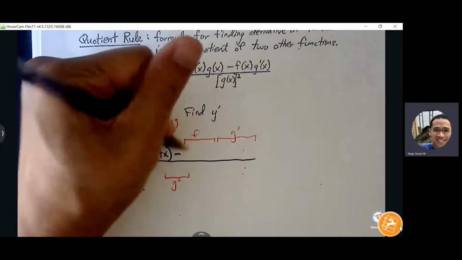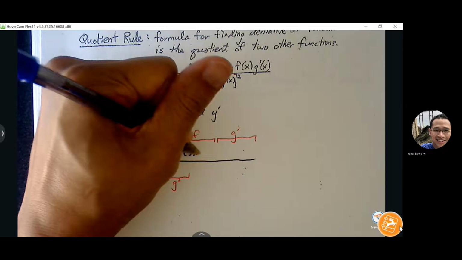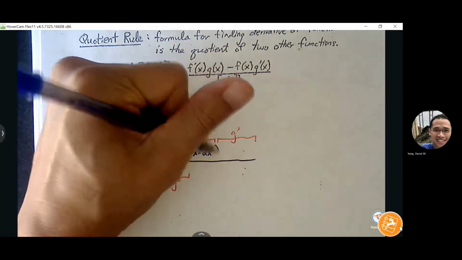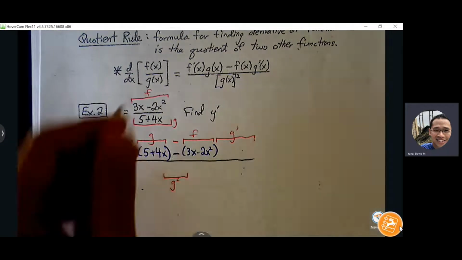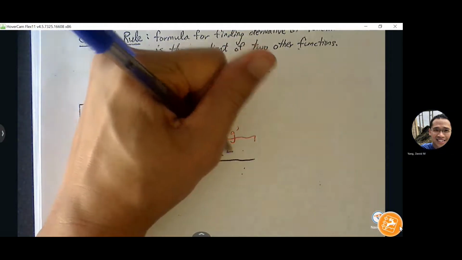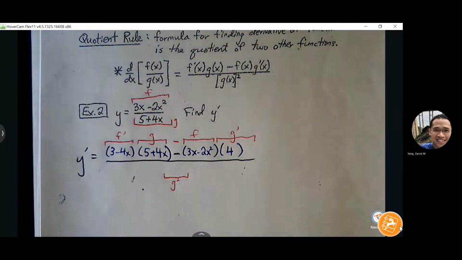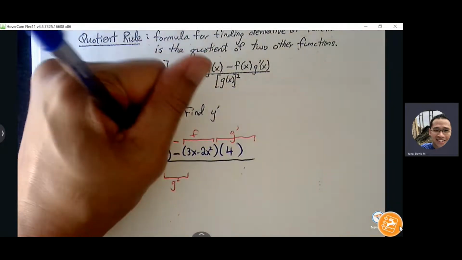Okay, back to f. And I made these the same expressions, so we're getting a lot of the same things here. G prime is just 4. But what a lot of students forget about quotient rule is that we also have to have that denominator component. I need to have a 5 plus 4x quantity squared.